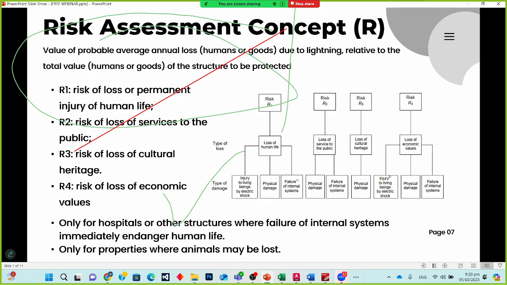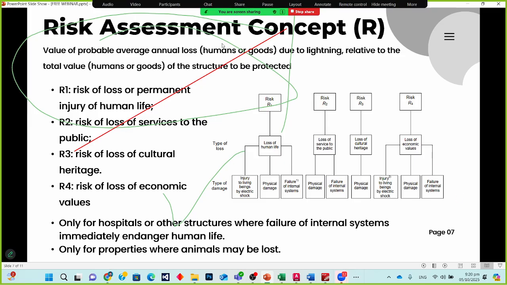Then R2 is the risk of loss of services to the public. The third one, R3, is the risk of loss of cultural heritage, the same type of losses and the same type of risk. And the fourth one, R4, is the risk of loss of economic values.